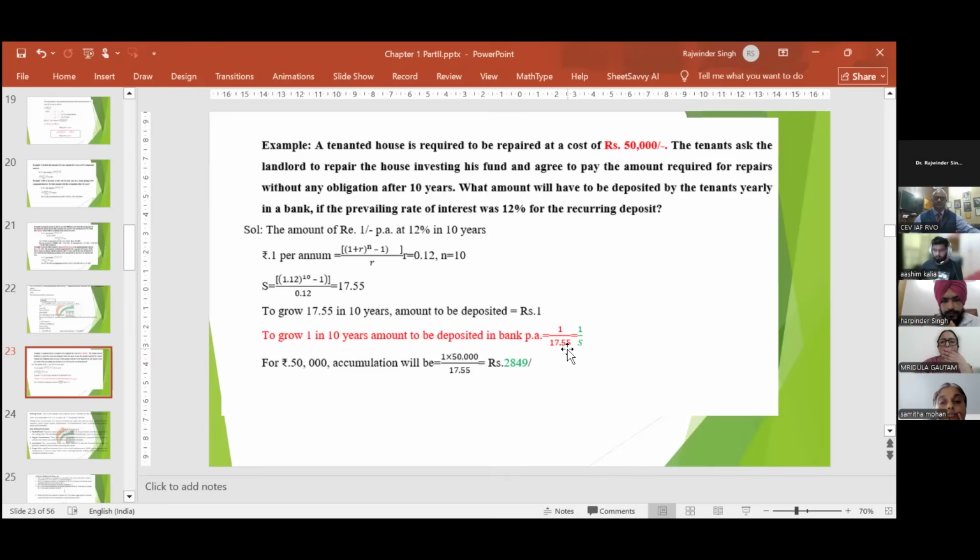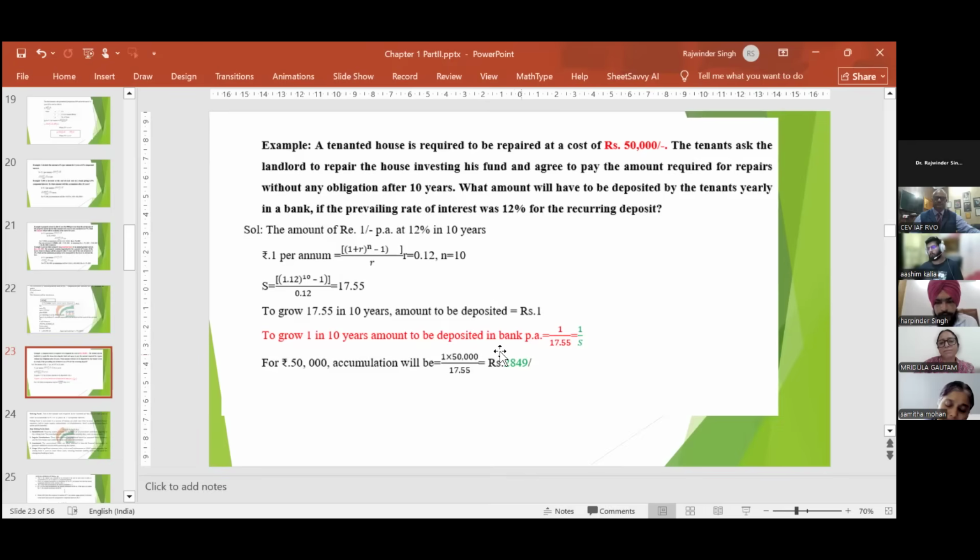So this is the formula for the sinking fund. If you have to calculate how much amount you have to deposit in the bank, the formula will be 1 upon S, which equals R divided by FV minus 1. Clear? Any doubt? So for getting 1 rupee, you have to deposit 1 upon 17.55, and for getting 50,000 you multiply 1 upon 17.55 by 50,000.